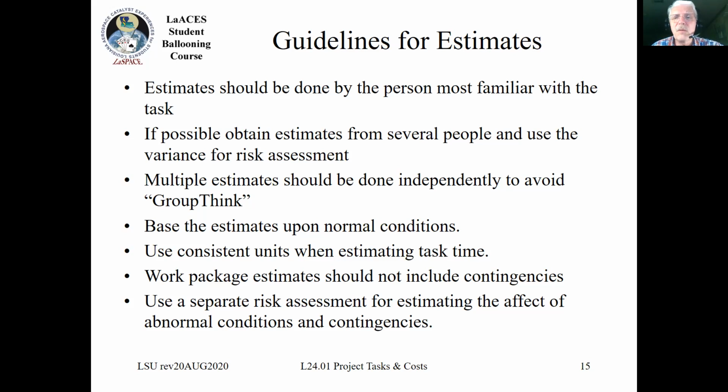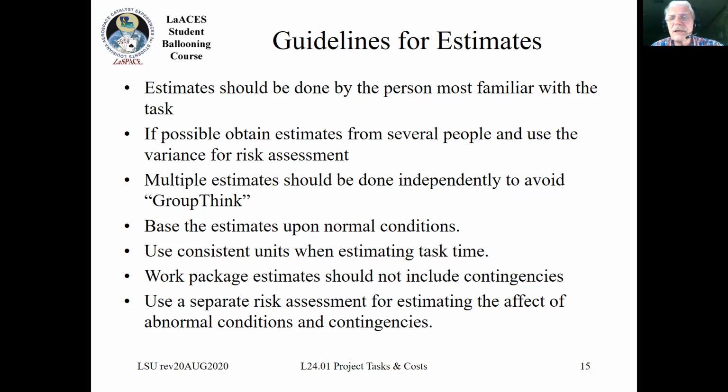Assume normal working conditions. Use consistent units. Don't change from dollars to pounds sterling, or from kilograms to feet, or a variety of different conflicting units. Kilograms to feet would be very conflicting. Always use consistent units when you're estimating your tasks.